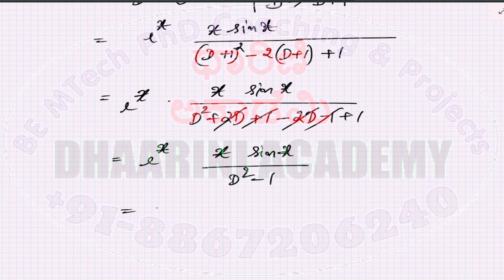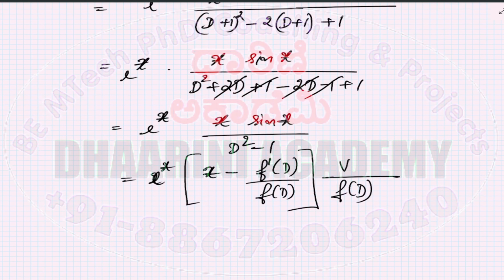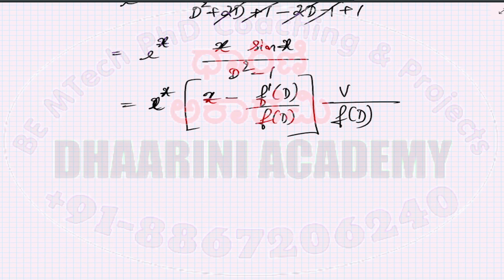What I'm going to do, let's keep the e to the x as it is, e to the x into x minus f dash of d by f of d into v over f of d. So if you note it down, the f of d is d square minus 1 and v is equal to sine x. F dash of d is 2d.